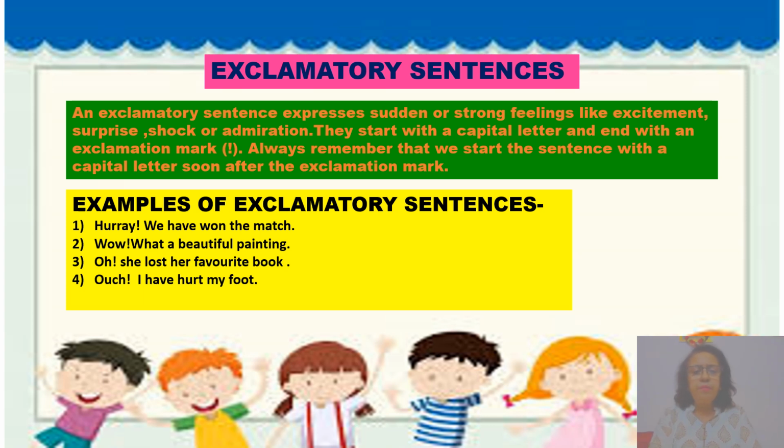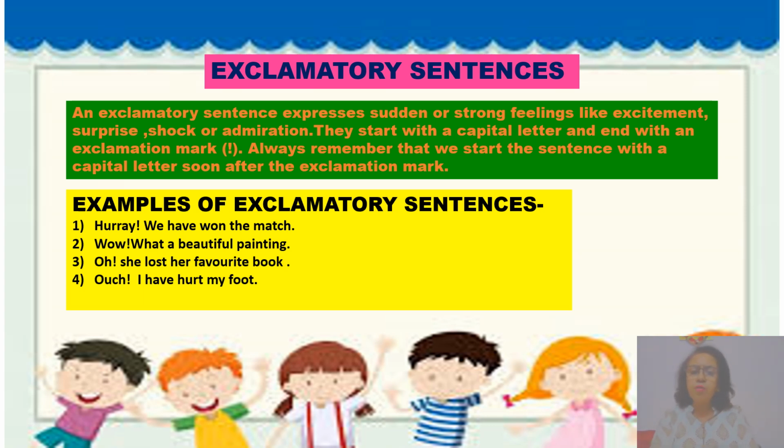Now, here are examples of exclamatory sentences which will help you to understand better. Hooray, we have won the match. Now, hooray is a word that is used to express the feeling of enthusiasm or excitement. And you can see I have inserted the exclamation mark soon after the word hooray, and to make sense, to complete the sentence, because if you just say hooray, nobody will understand why you are saying hooray.